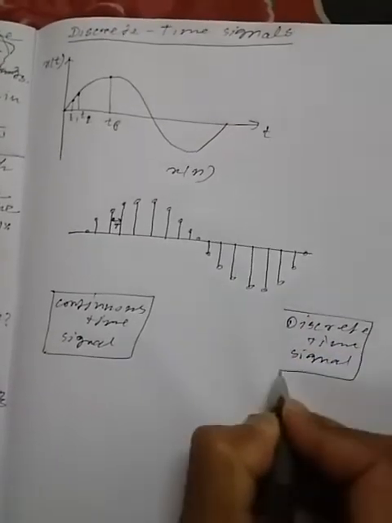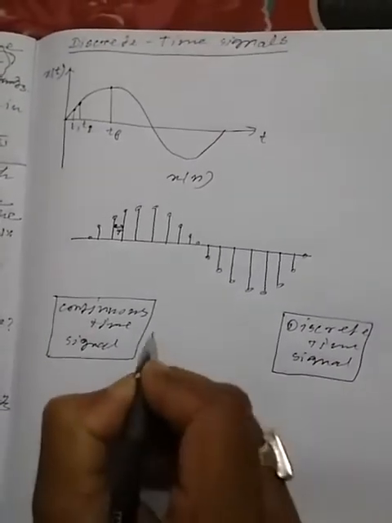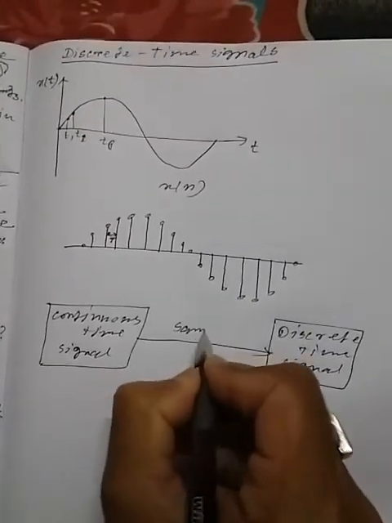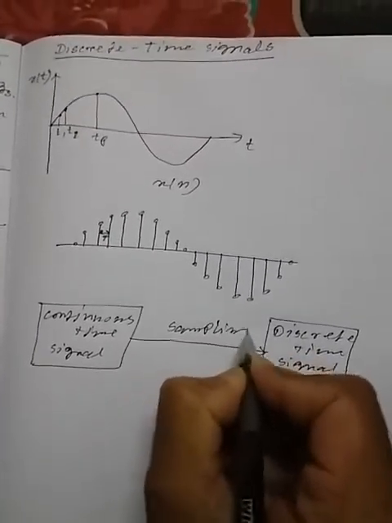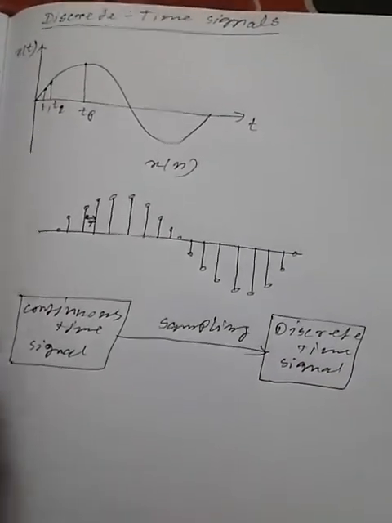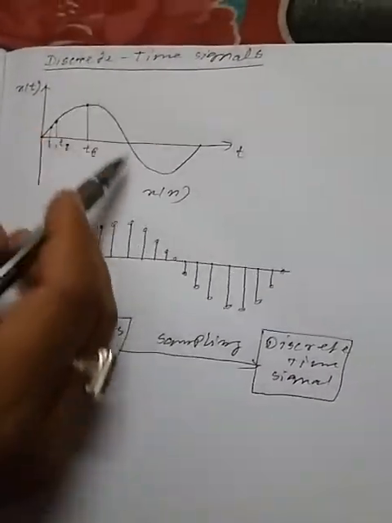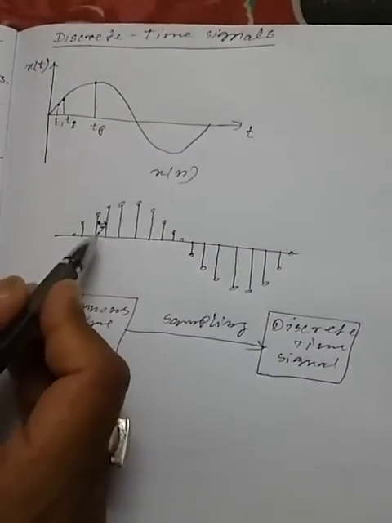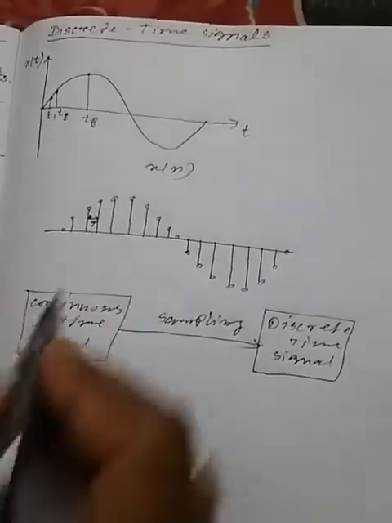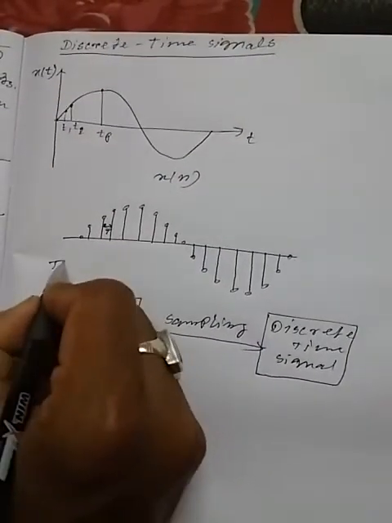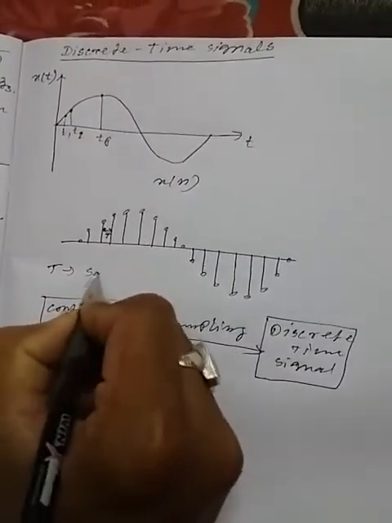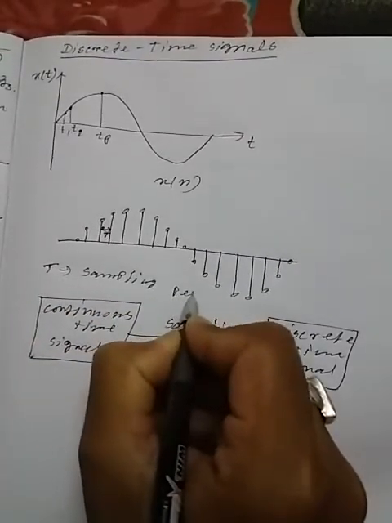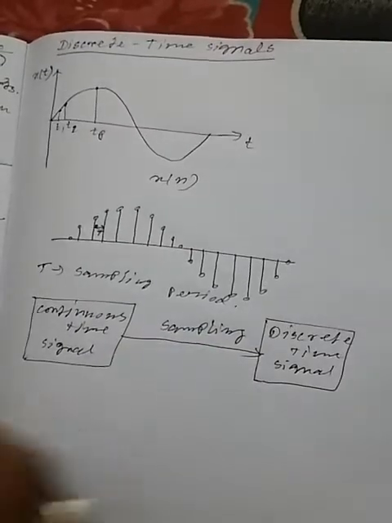What is sampling? We are just taking samples of this continuous time signal at a regular interval of time. That interval is called sampling period, defined by capital T.